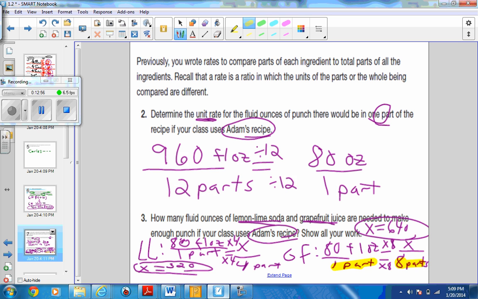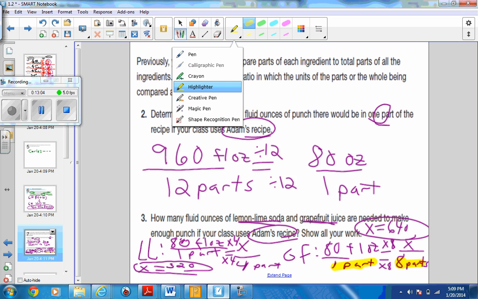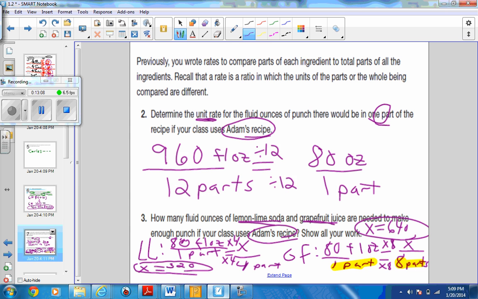So if you do that at the bottom, 1 times 8 is 8. You must do it at the top, and 8 times 8 is 640. So for grapefruit juice, to make Adam's recipe for all those people that are coming, you would need 640 ounces. So if you add 640 plus 320, you get that 960 fluid ounces. You don't lose any of those fluid ounces.